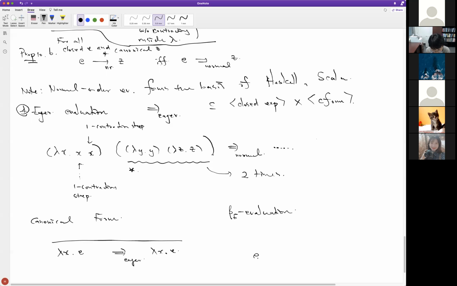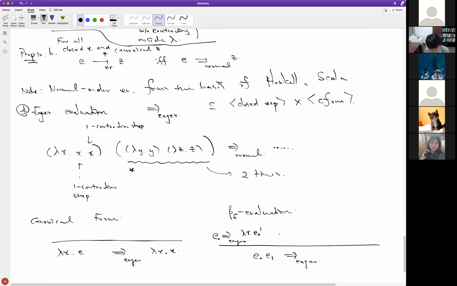So if you have a function call E0 E1, evaluate under eager. In the normal order case, we evaluate the operator to get a canonical form, which is a lambda expression, and then we apply it to the body directly without evaluating E1. That was what happens in normal order evaluation. Here it's different.